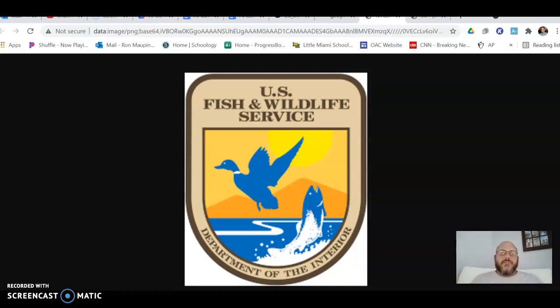For example, the buffalo was a long-time part of the endangered species list. And so the Department of the Interior, through the U.S. Fish and Wildlife Service, was responsible for enforcing laws that protected these endangered species from poaching and any type of industrial activity that might harm some types of species.